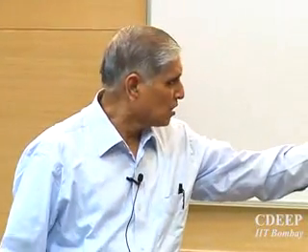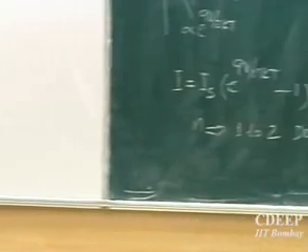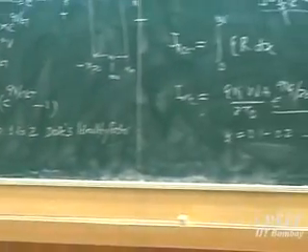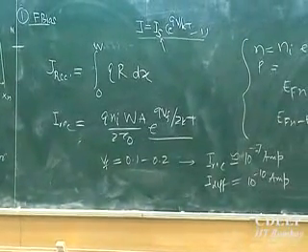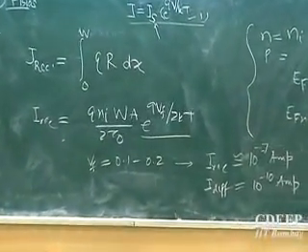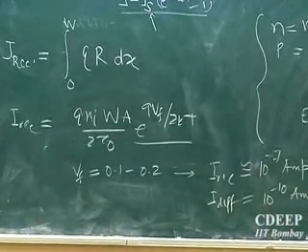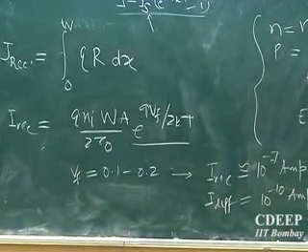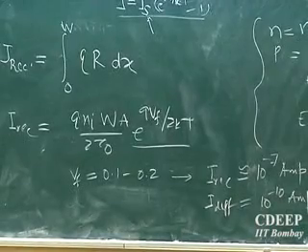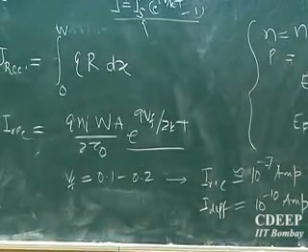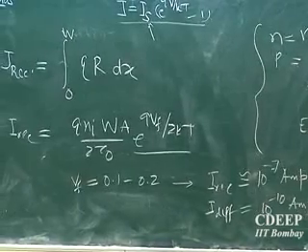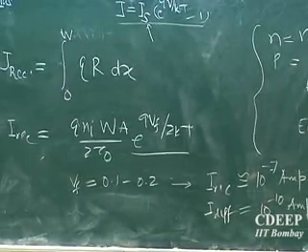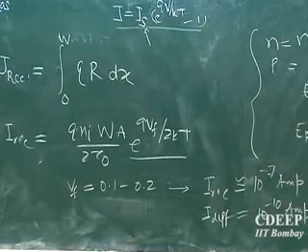But if I start increasing Vf beyond 0.5, 0.6, the second term, that is the diffusion term, e to the power qV by kT, will pick up very fast compared to the generation term. So till something like 0.4 volt, the recombination current will dominate and it will show you a relationship of e to the power qV by 2kT. Beyond this, the diffusion term starts dominating and you see e to the power qV by kT.